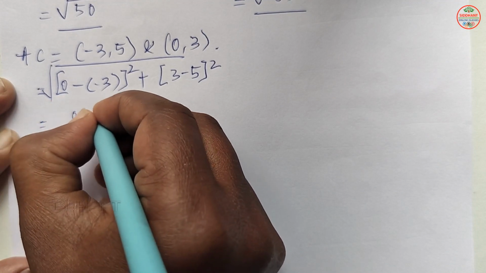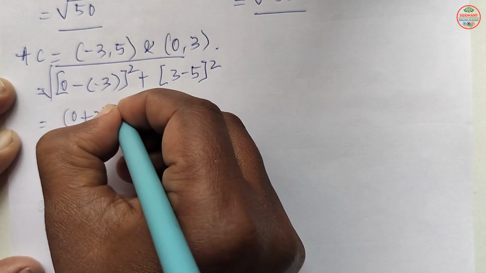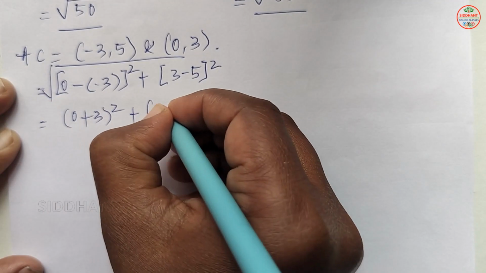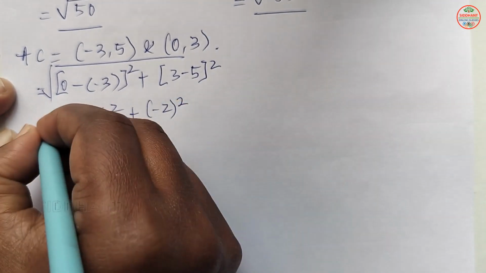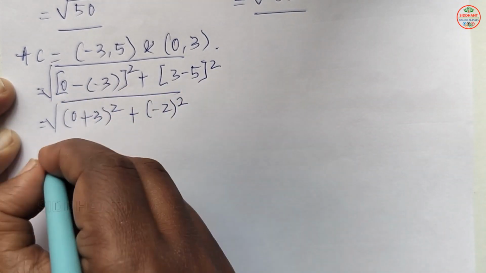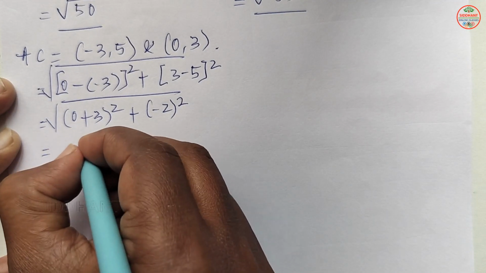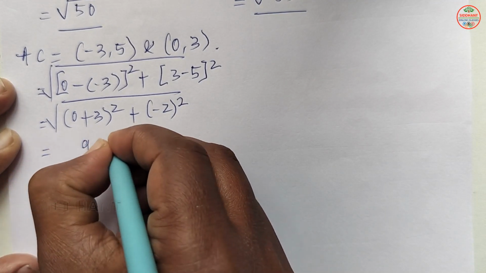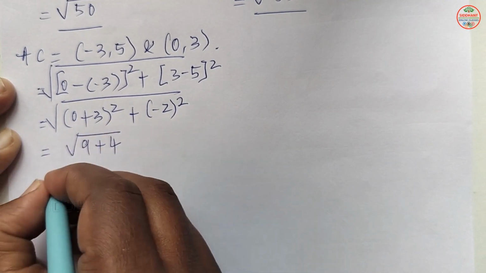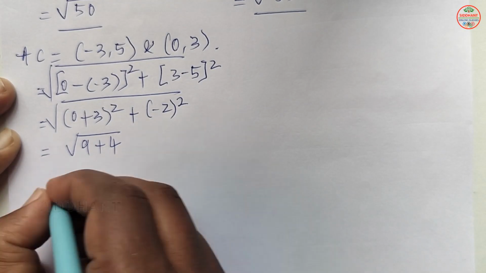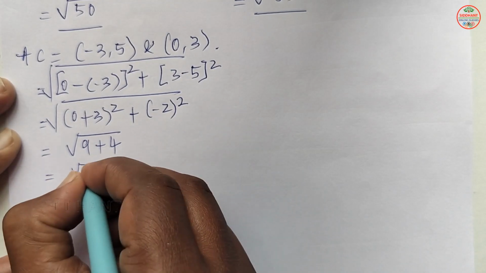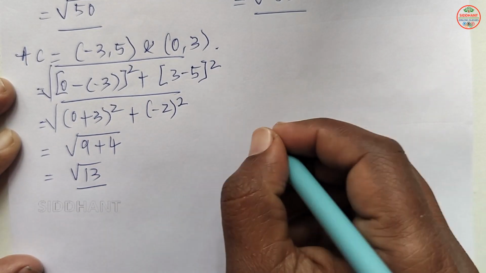So 0 plus 3 square plus minus 2 whole square. So that will be 9 plus 4, which will be root 13 here.